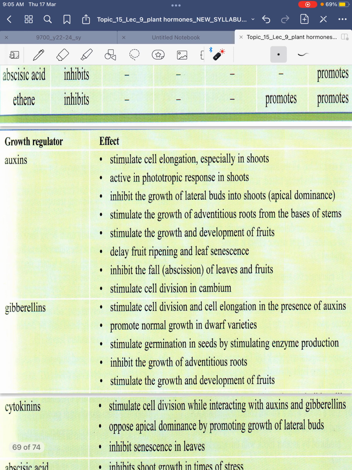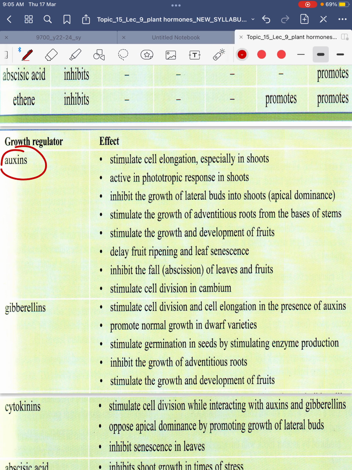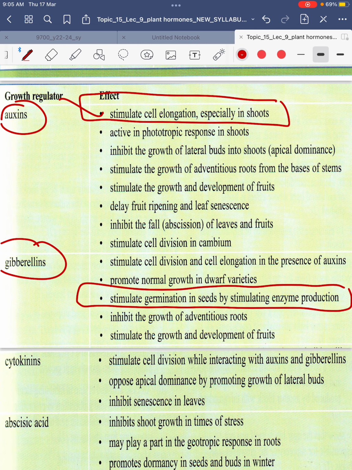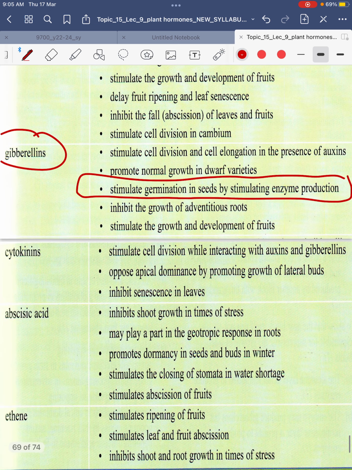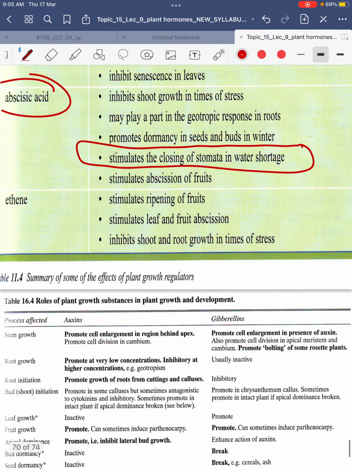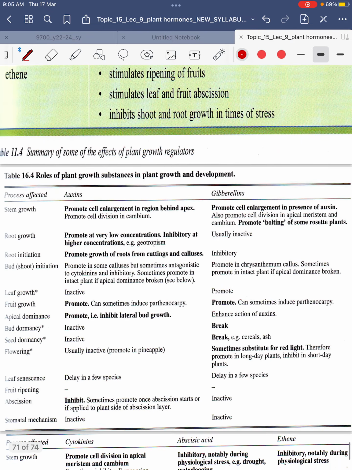So auxin just stimulates stem elongation. Remember, this is the one that is in your syllabus. For gibberellins, it is this one here: stimulate germination in seeds by stimulating enzyme production. That is the one which is in your syllabus. And don't forget, abscisic acid causes the closure of stomata. That is also in your syllabus. Okay, the rest is not mentioned in the syllabus.